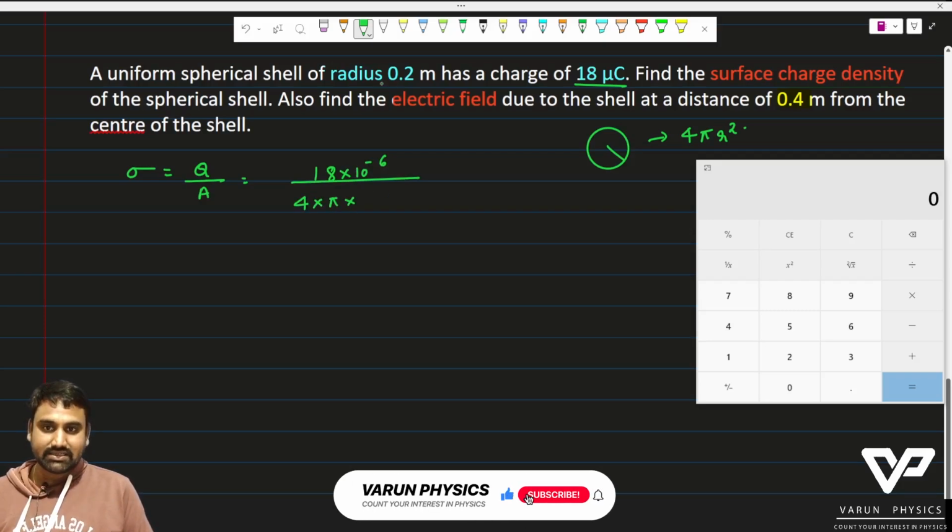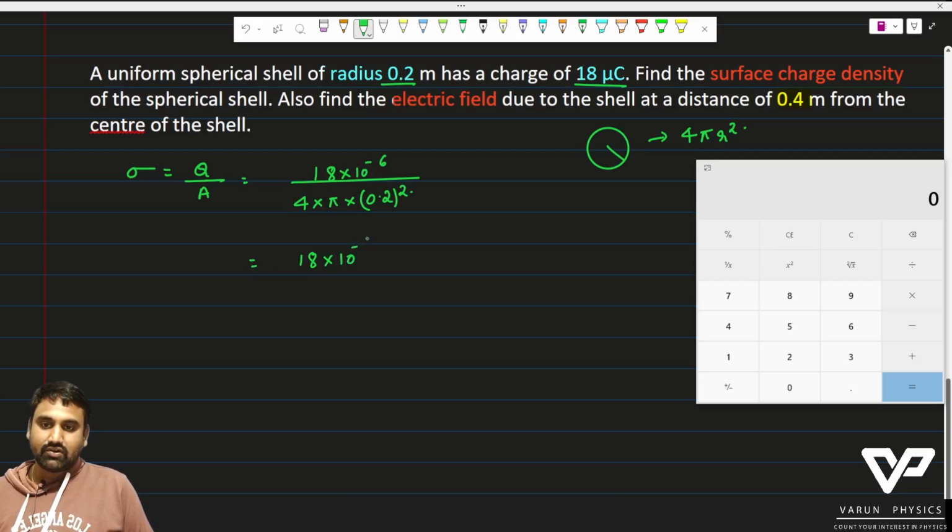The radius is 0.2 meters, 0.2 whole square. That is equal to 18 into 10 to the power of minus 6 divided by 4 into 3.14 into 0.2 whole square.